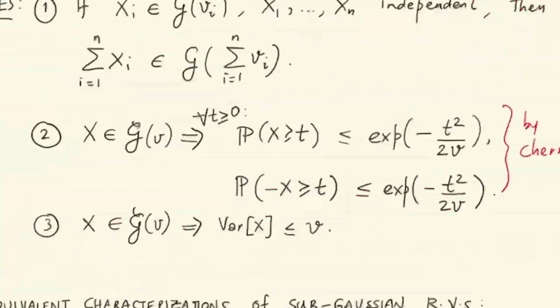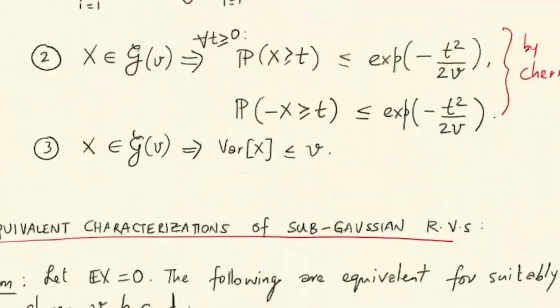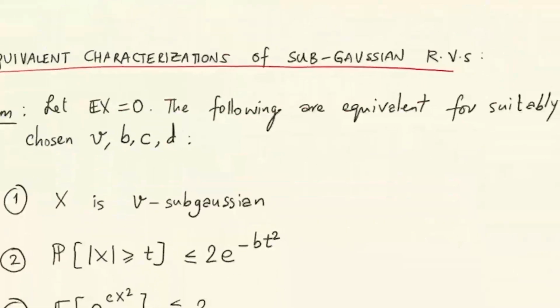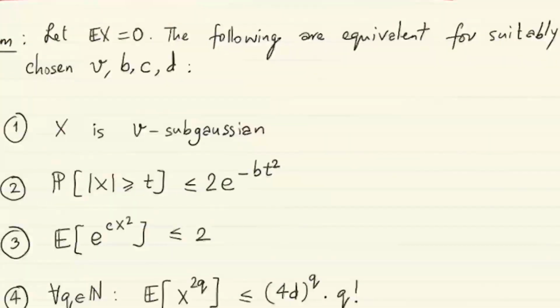Now the definition for sub-Gaussian random variables that we stated here is not the only one that allows you to specify a tail behavior for the distribution of such random variables. There are in fact several equivalent ways of enforcing a sub-Gaussian tail for random variables. So this is the following result.